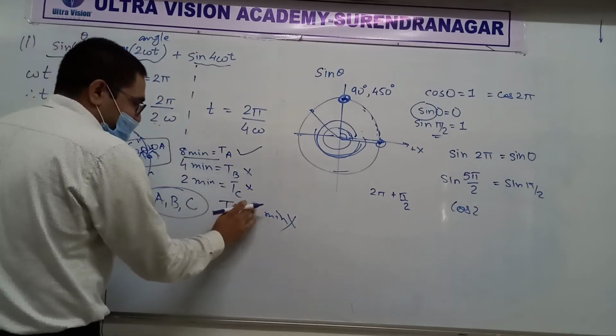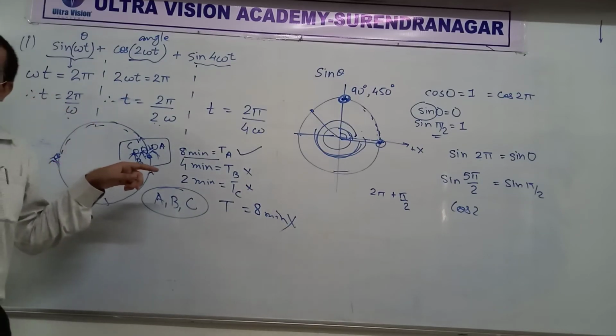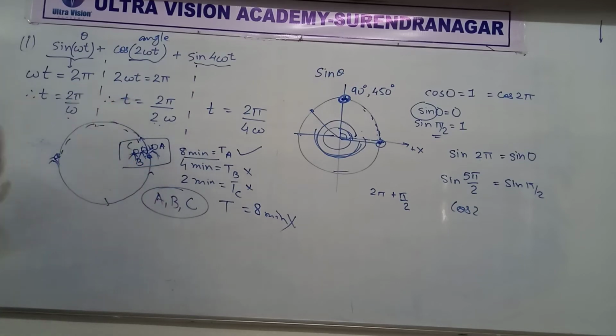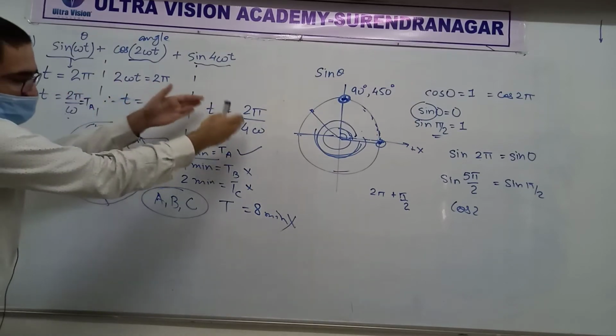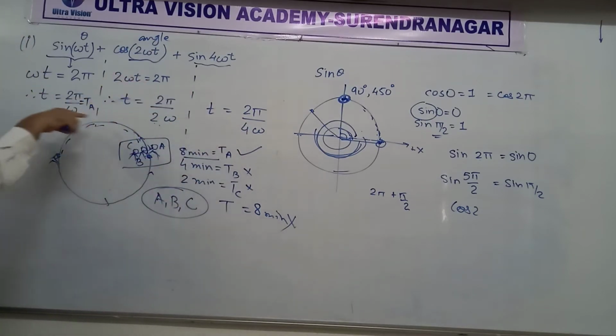So the only possible answer is that the time period is 8 minutes, because after 8 minutes everyone will come back to this point. Okay, so have a look here. Same thing, this is like T_A, then that is 8, this is half, 4, and that is even half again, so that is 2 minutes. So what will be the common time period where everything is repeated?